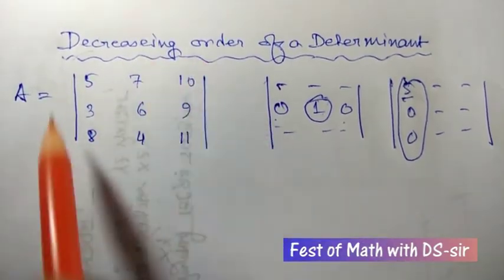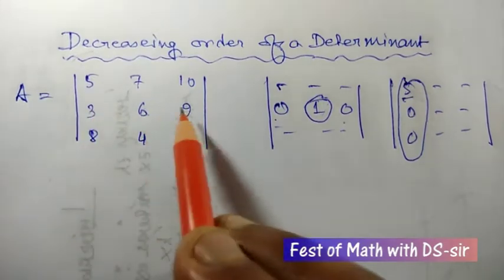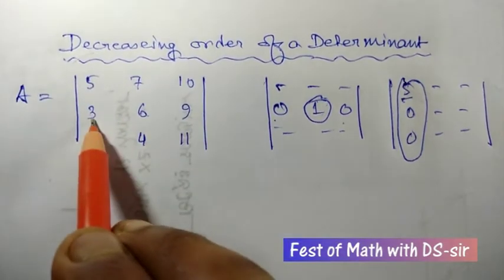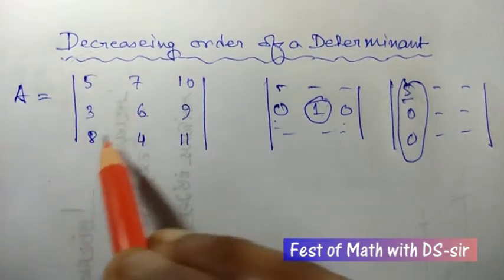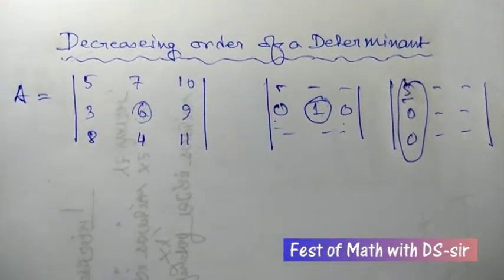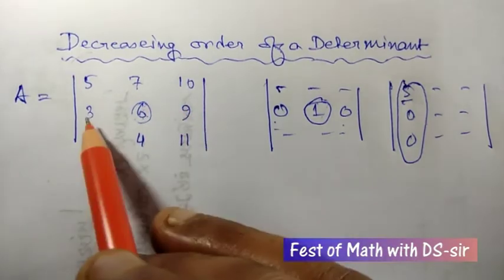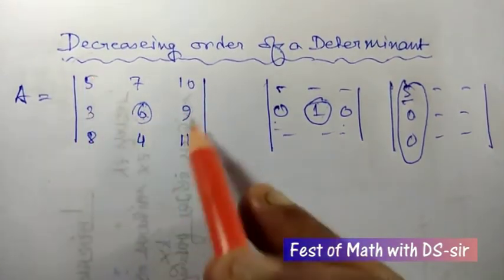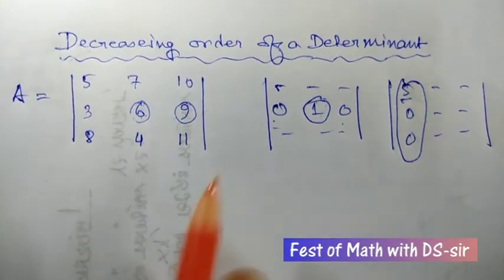Now from the elements of this determinant, note that 6 is 2 times 3, 9 is 3 times 3. So if I subtract 2 times first column from the second column, this becomes 0. Don't bother about the other two elements. If I subtract 3 times the first column from the third column, this becomes 0. Again, don't bother about the other elements.